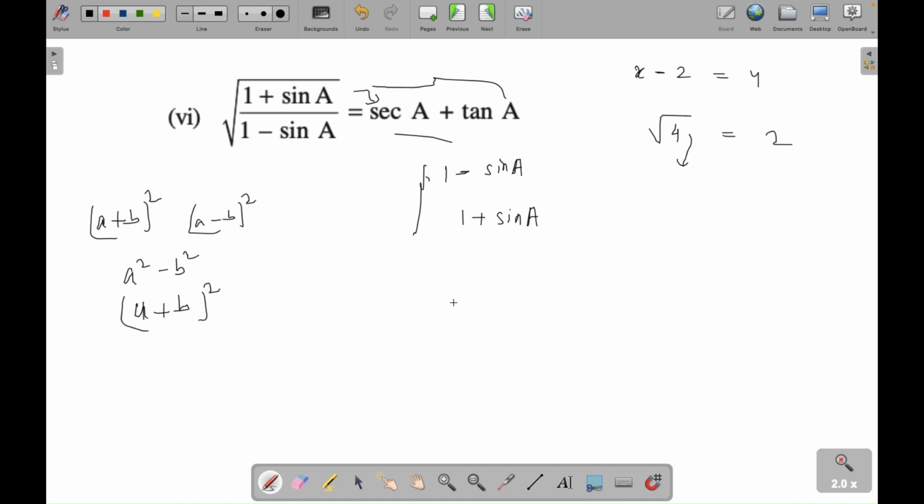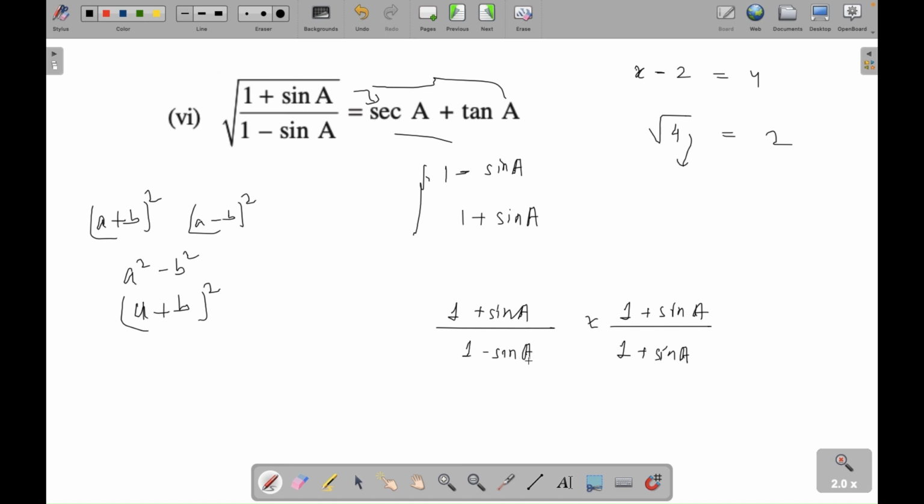So here we'll multiply this with 1 plus sine A. I'm not taking the root over. First of all, we'll just solve for what is inside the root. So 1 plus sine A upon 1 minus sine A multiplied by 1 plus sine A upon 1 plus sine A. How does it benefit us?